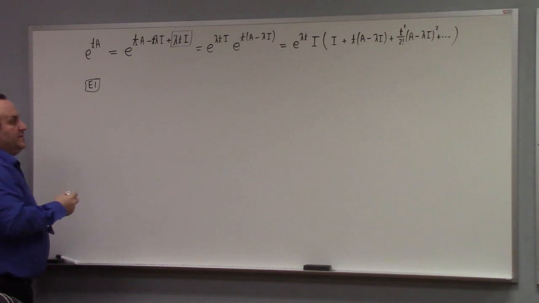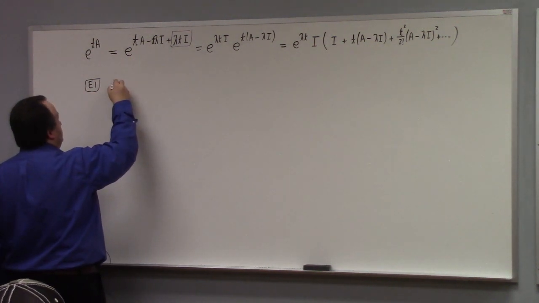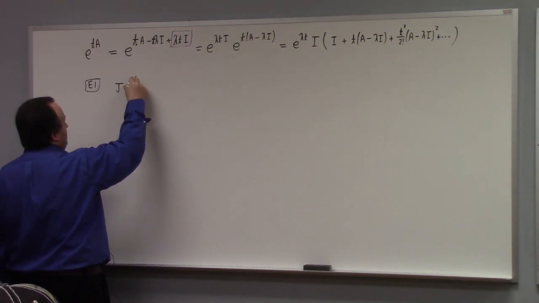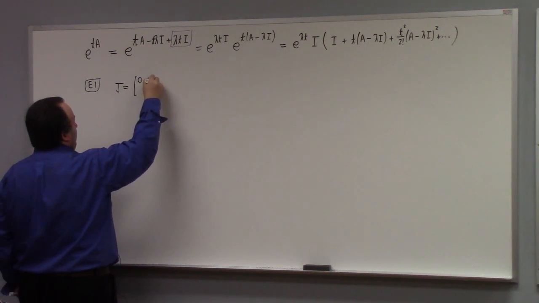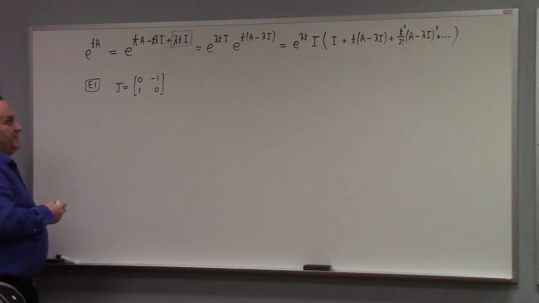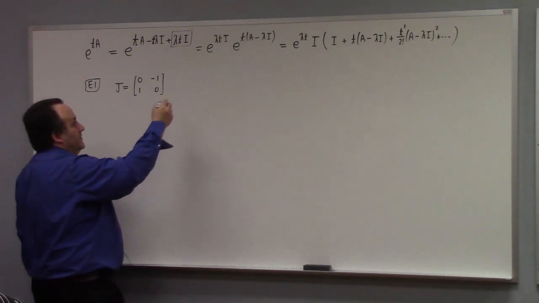Let me start with an example. Let us suppose we look at the matrix, let's say, J equals 0, minus 1, 1, 0, all right? If we look at this matrix, let's study its powers. What's J squared?